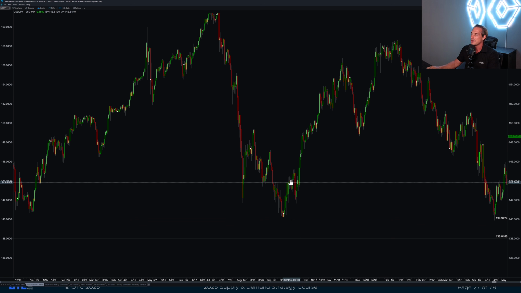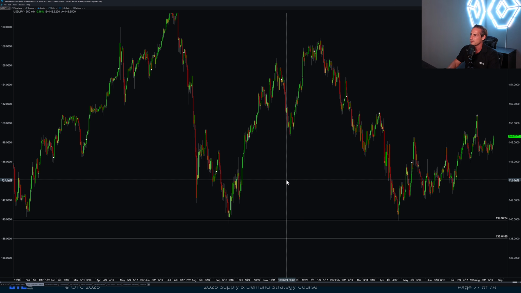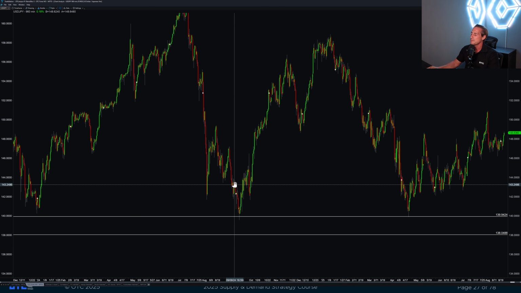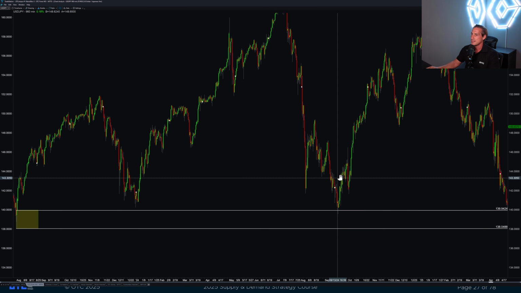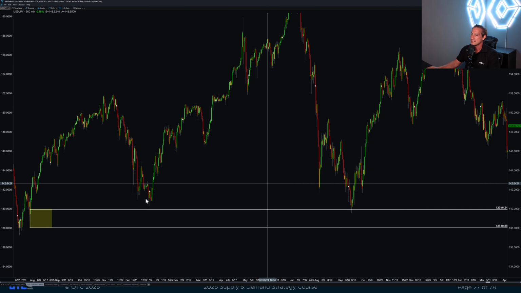This takes almost, quote unquote, years of chart watching experience to fully understand the concept of supply and demand. But here, in this case, there are two things that make me like that zone even more, although it's not fresh based on our rules.